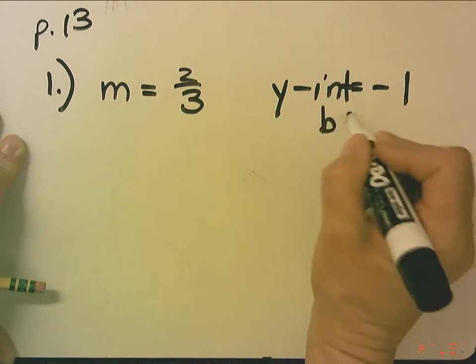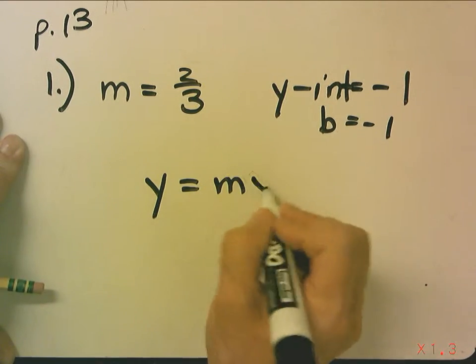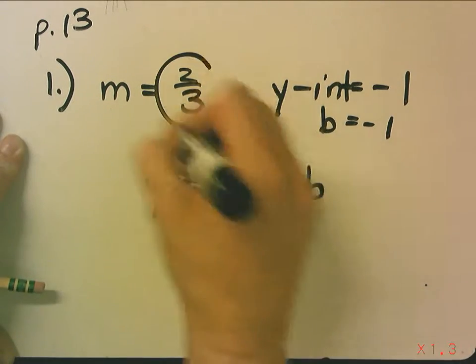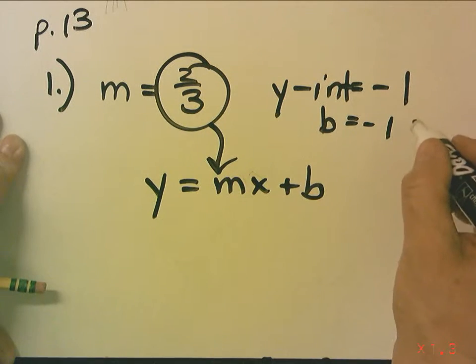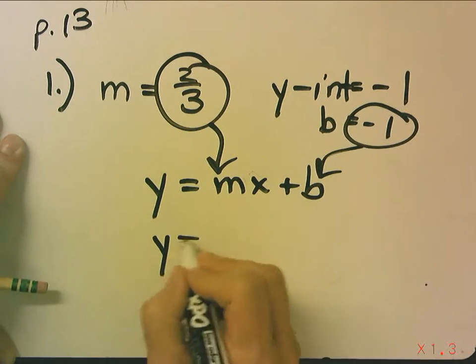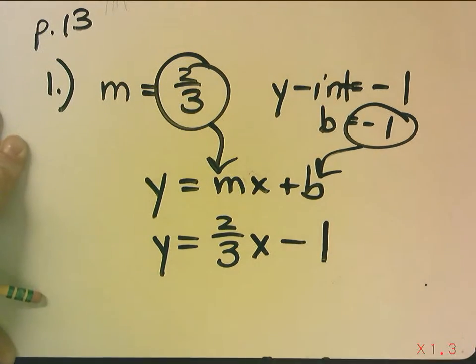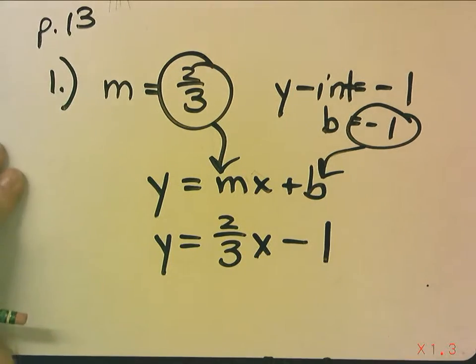So the y-intercept is b. So again, y equals mx plus b. I substitute 2/3 for m, -1 for b. So this becomes y equals 2/3 x minus 1. Okay, so the ones on page 13, pretty straightforward.